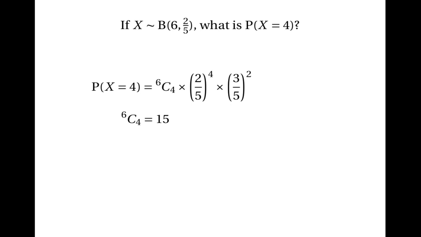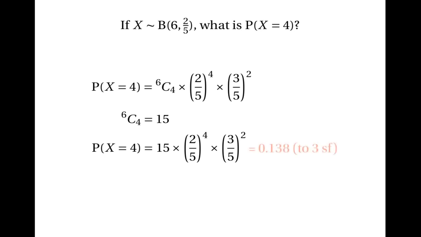We know from our earlier work that 6 choose 4 is equal to 15. So the probability that x is equal to 4 is 15 times 2/5 to the power of 4 times 3/5 squared. And if you work that out, that's equal to 0.138 to 3 significant figures.